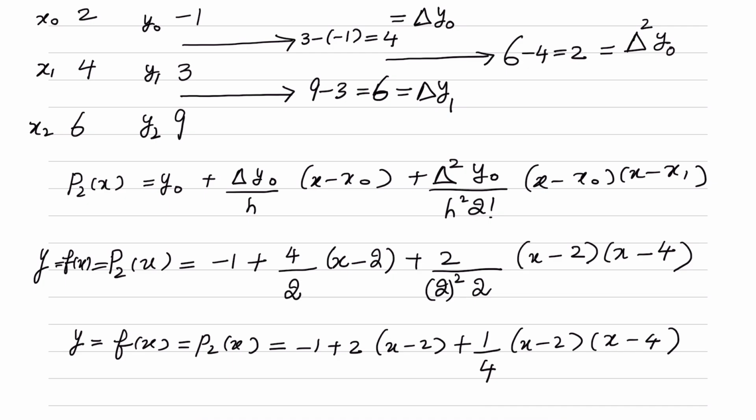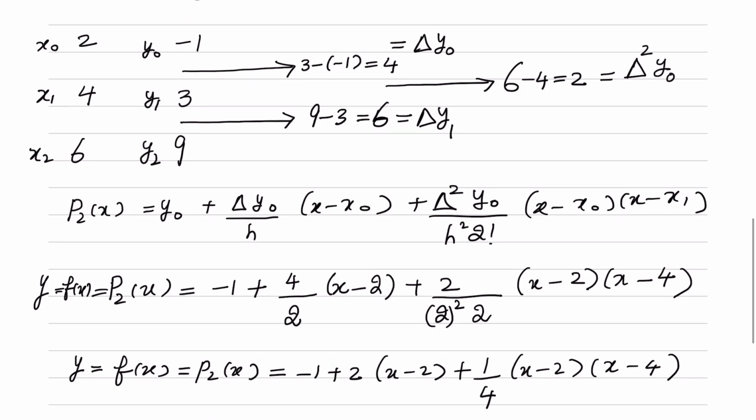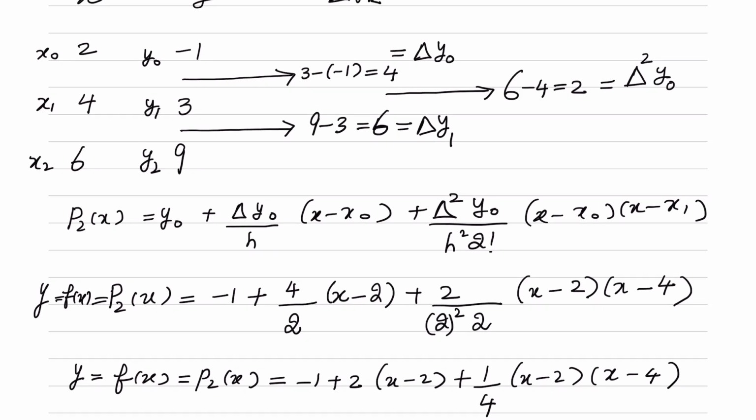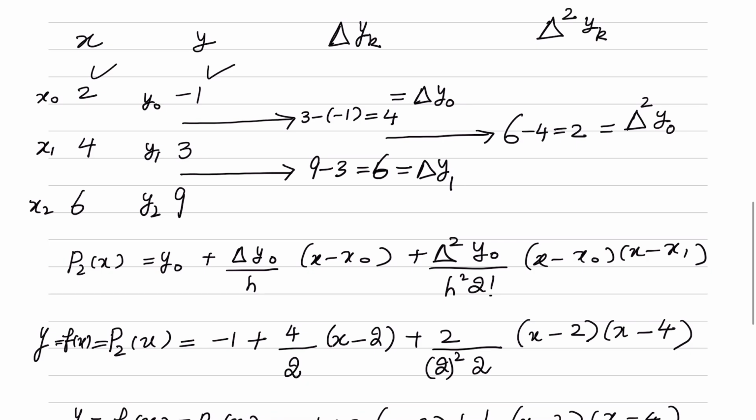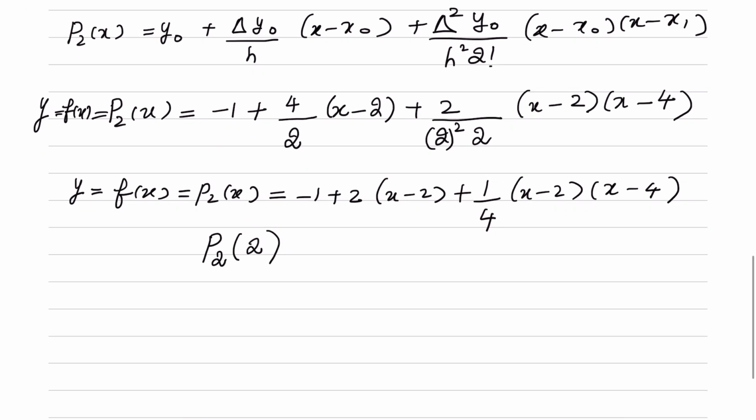So for every given x value, we should be getting the given y value. For example, in the data, for x equal to 2, your answer for y is minus 1. So in the polynomial, when you plug in x as 2, you should be getting minus 1 for the y value. So let's do that.